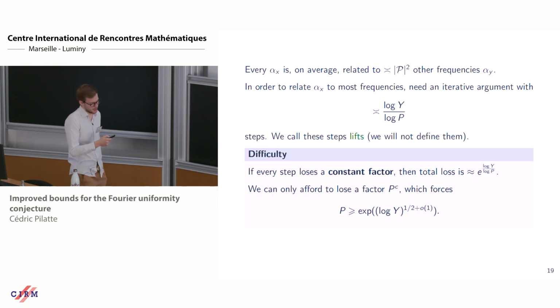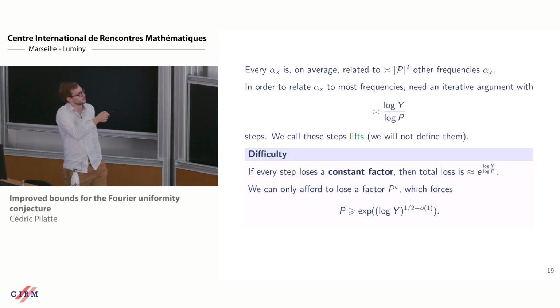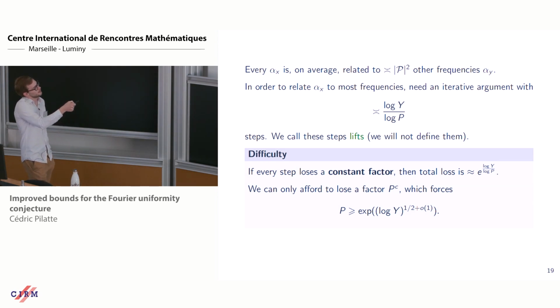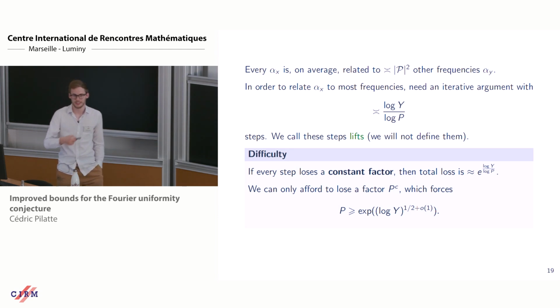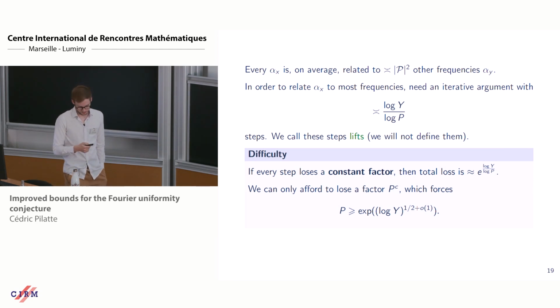So a main difficulty is that if in every iteration you lose a constant factor, and since you have this many steps, the total loss will be of size e to the log y over log p. But you can only afford to lose a factor that's basically p to a small constant. And so if your lifts always lose a constant factor, which already seems quite efficient, but it's not efficient enough if you want to get down to p, which is smaller than e to the log x to the 1/2.